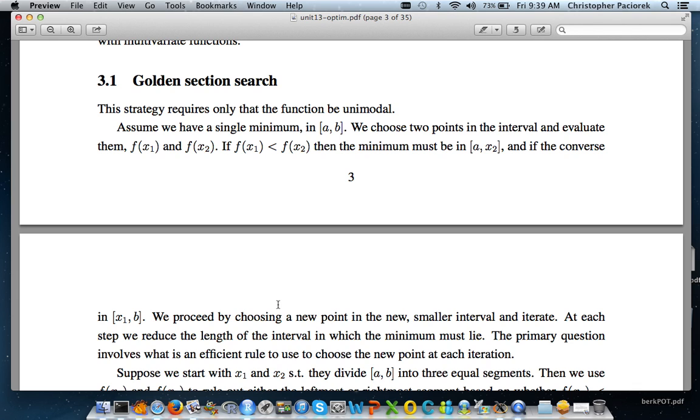The idea is we have some function, and we don't know where the minimum is, but we want to find it. Suppose the function looks like this, and we know that the minimum lies in some interval, and we know there's a single minimum in that interval.